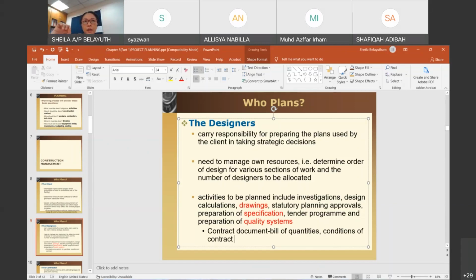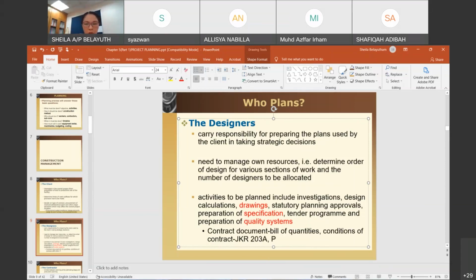Conditions of contract, if you have come across it, states who is the superintending officer of a project, and then what would allow a contractor to apply for extension of time, EOT. And then any dispute, how would it be settled? So conditions of contract, in a government project, would be like JKR 203 or 203A.